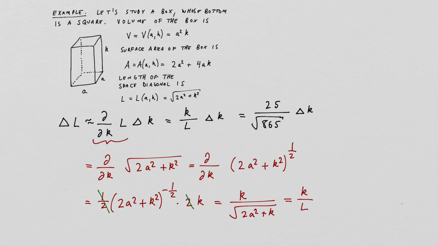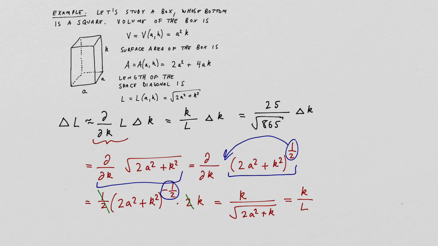If we want to take the formula of L and differentiate that with respect to k, we can write the formula in a little bit different way. Now, when we differentiate with respect to k, the power 1/2 will fly there. The power will get decreased by 1, and we get the derivative of the inner function.